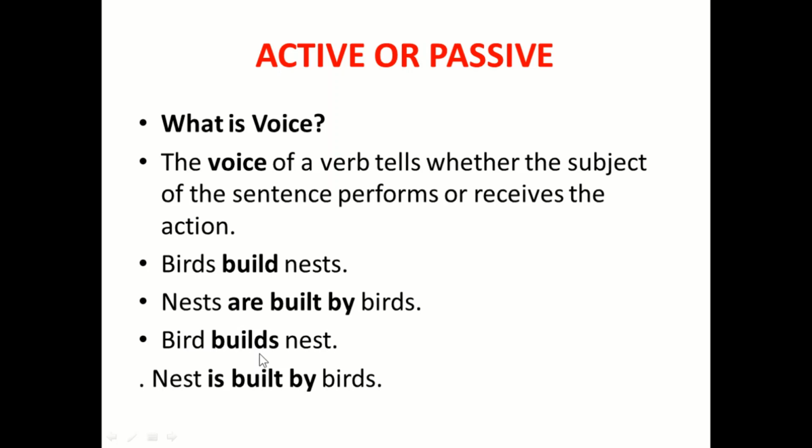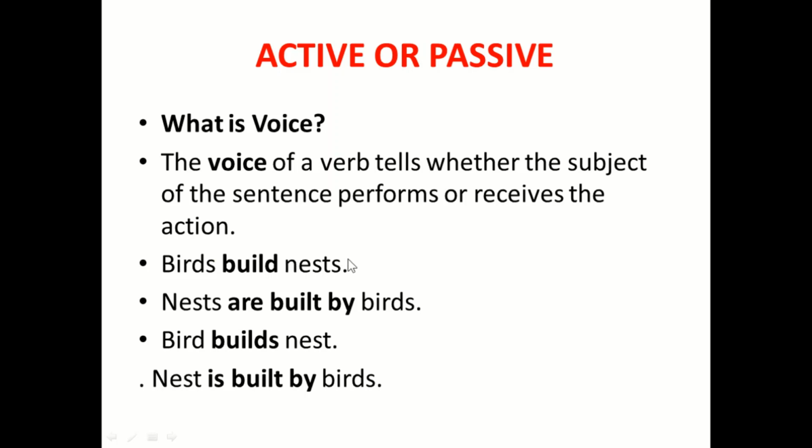But one thing you must keep in mind, while you are changing your object into the subject, you have to be very careful, because maybe in active the subject is singular but the object is plural, and while you are changing the same plural object into the subject, then you have to use the plural verb, as you can see here. For example, here we have singular bird only, but here we have nests.